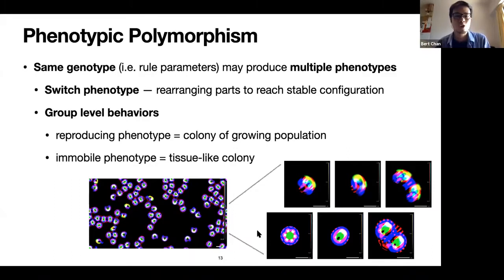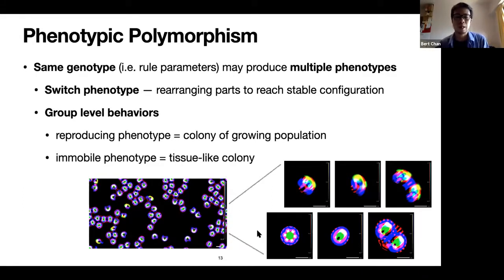This change or switch between phenotypes can cause group-level behaviors. For example, if there is a phenotype that is capable of self-replication, then it will produce a colony of a growing population. And if some of the phenotypes are immobile and stable, then the colonies become a tissue-like megastructure, like this one.